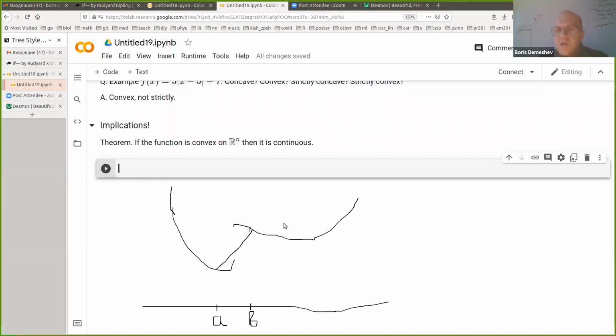So the function can be neither concave nor convex. That's the first implication: if the function is convex, then it is continuous. If the function is discontinuous, we are sure that it's neither convex nor concave. The first implication is clear.